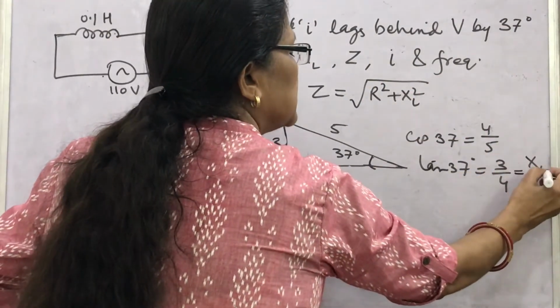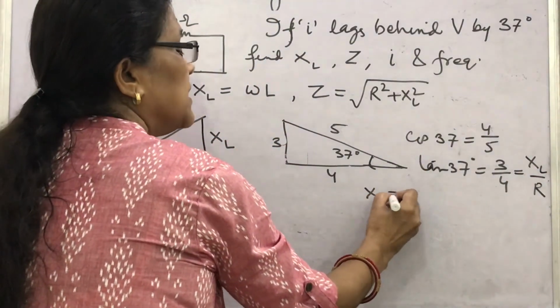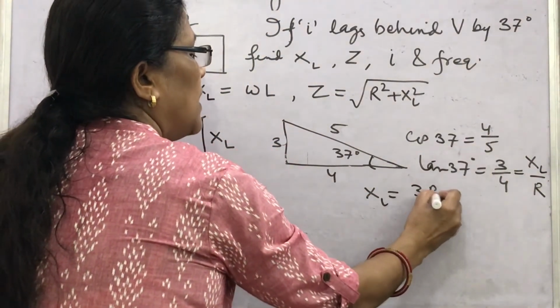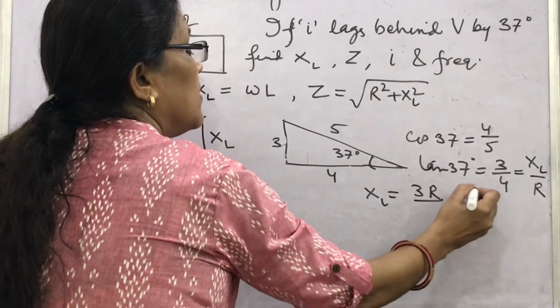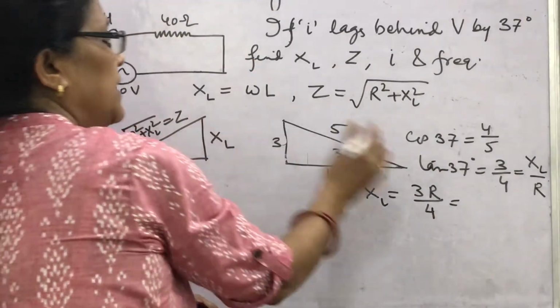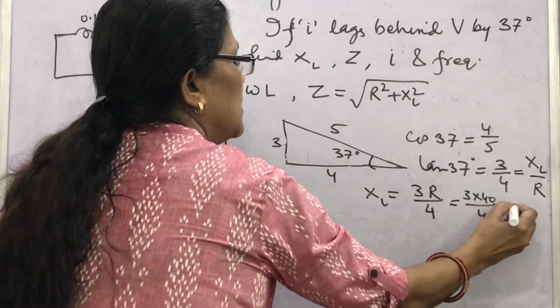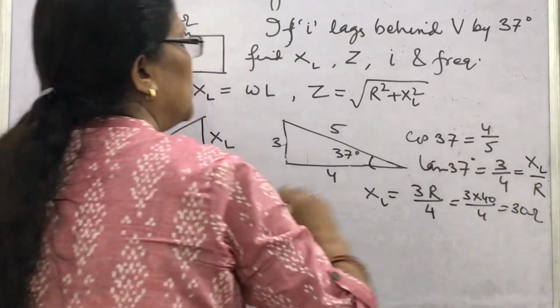Tan phi is XL by R. You can find this XL: 3R by 4. R is given as 40. So 3 into 40 upon 4, that is 30 ohm.